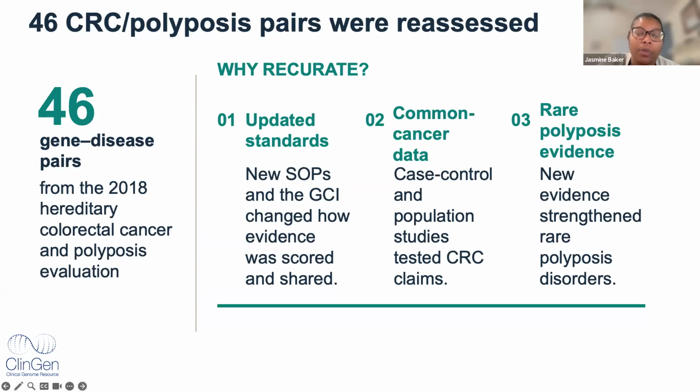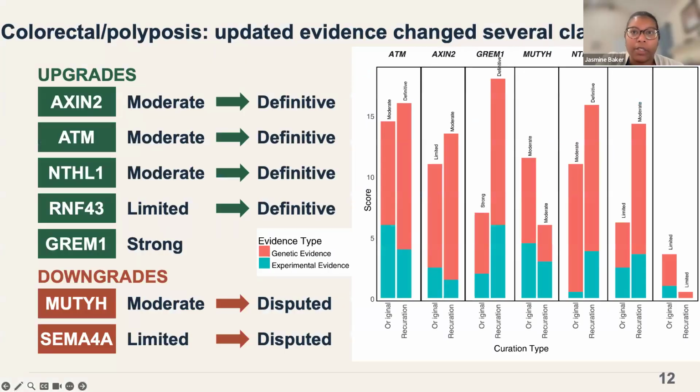There's also a lot more common cancer data now in regards to case control and population studies related to colorectal cancer. And also for rare polyposis, there was a lot of new evidence that strengthened rare polyposis disorders assertions that needed to be included in these classifications.